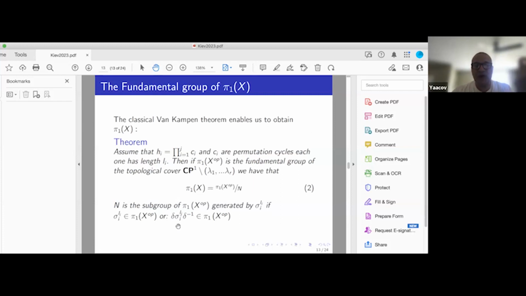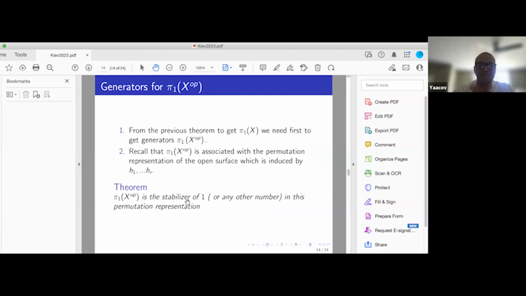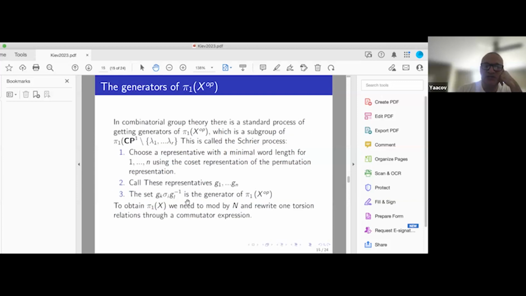It doesn't preserve 1 if it's not in the cycle decomposition of sigma i, but then it's not a problem. You will just find a delta that will bring it back to pi 1 of x op, and you will kill pi 1 of x op with this element. Okay, so pi 1 of x op is a stabilizer of 1 in this permutation representation.